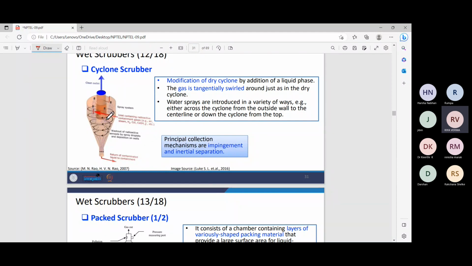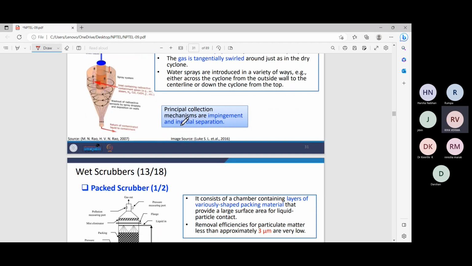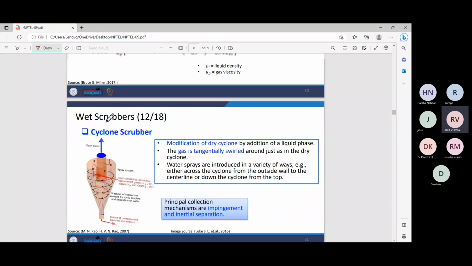In these wet cyclonic scrubbers we use water sprays, and these water sprays tend to remove the particulates from the walls of the cyclone and move them towards the center line or the bottom part. The principal collection mechanisms of these cyclonic scrubbers are impingement and inertial separation.